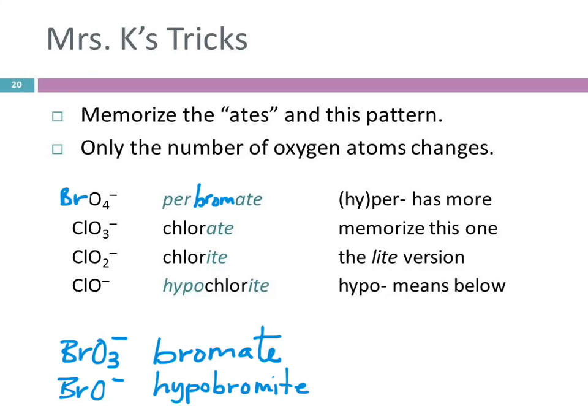It works for iodine as well. So if you memorize chlorate, the name and the formula, and you can remember this pattern of prefixes and suffixes, you can name and write formulas for 12 ions. That's a pretty big bang for your buck, right? For a small amount of studying, you can name and write formulas for 12 different polyatomic ions.